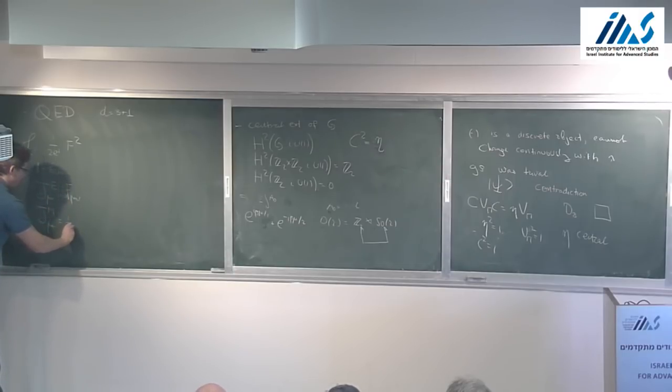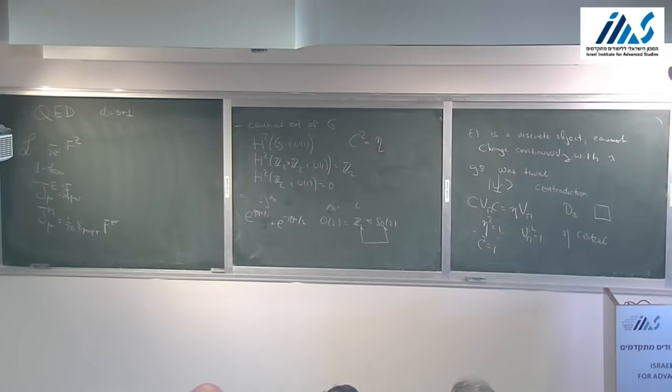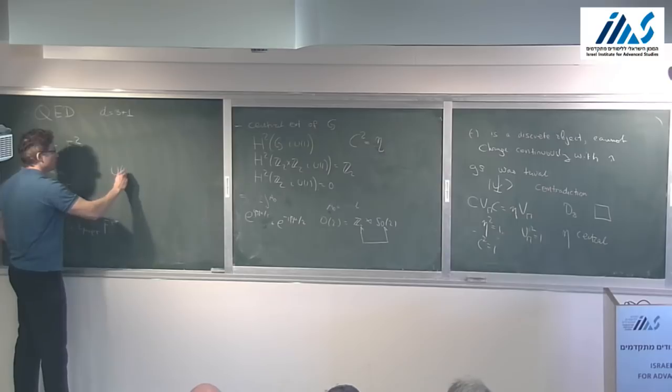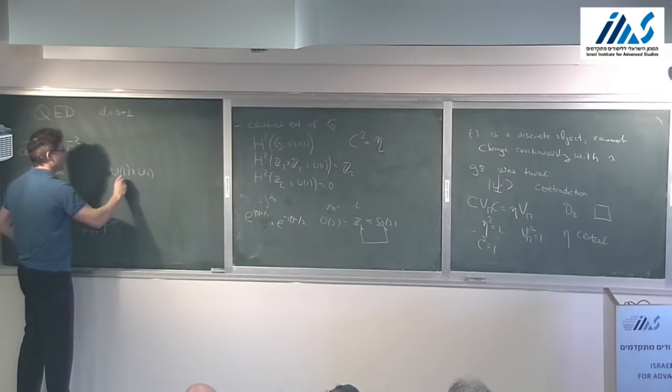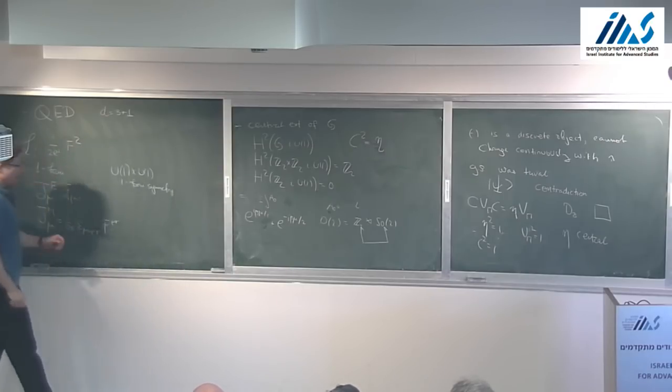And this is epsilon mu nu rho sigma F rho sigma with another 2 pi. So free Maxwell theory has 2 one-form symmetries, and they commute. You can just check that they commute. So you get the U1 times U1 one-form symmetry. Now I want to explain what the symmetries act on, and then we'll try to guess the answer for the non-abelian case.